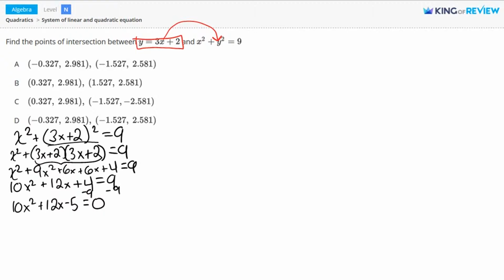This equation is in the form ax squared plus bx plus c equals 0. When we have an equation in this form, we can use the quadratic equation to solve for x.